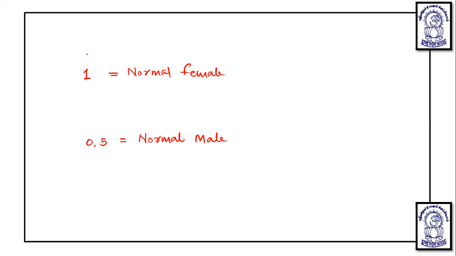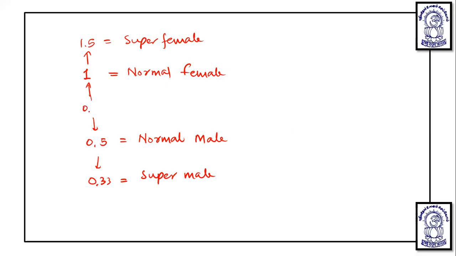If it is more than 1, like 1.5, then it is a super female. If it is less than 0.5, like 0.33, then it is a super male. If it is between 0.5 and 1, like 0.67, then it is going to be intersex.